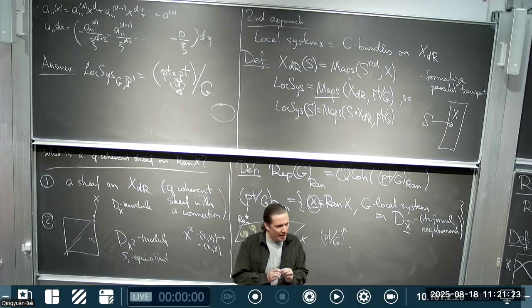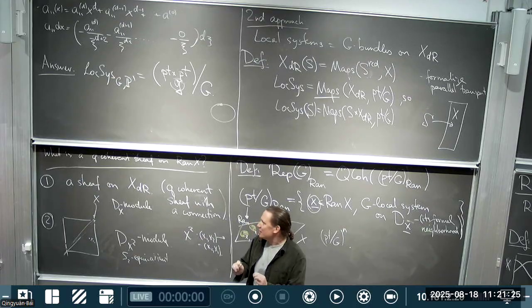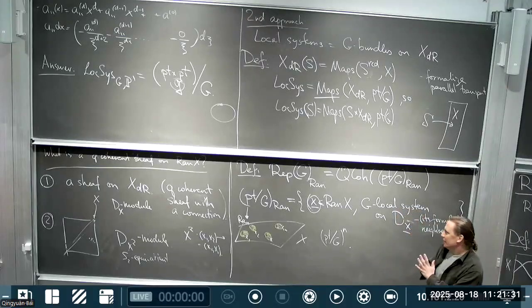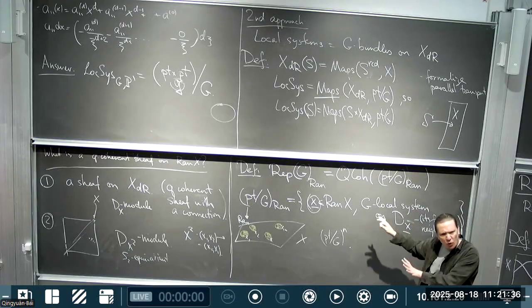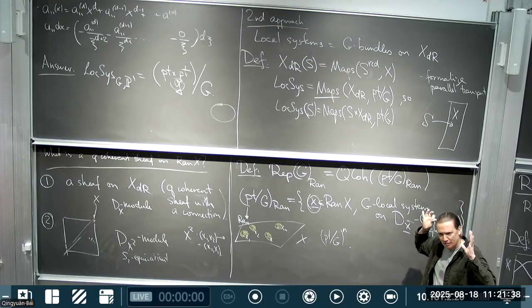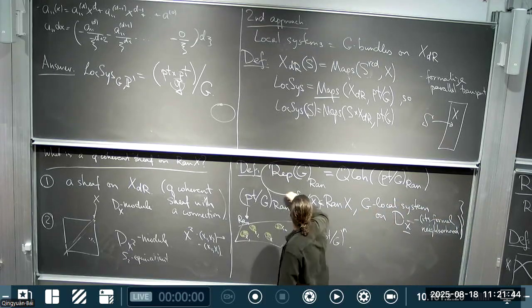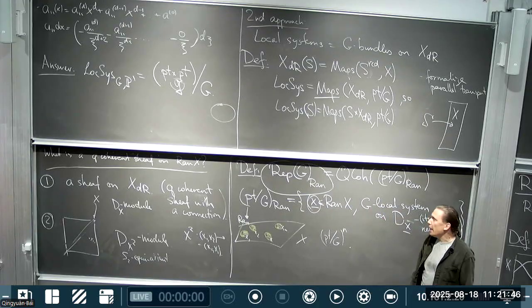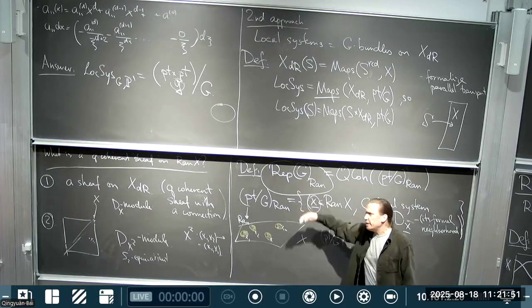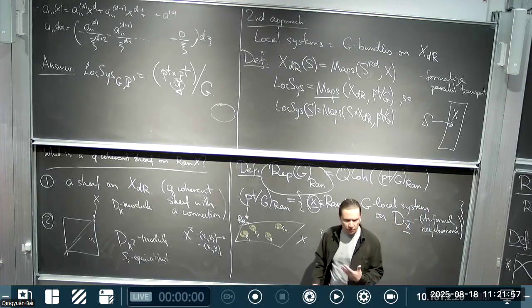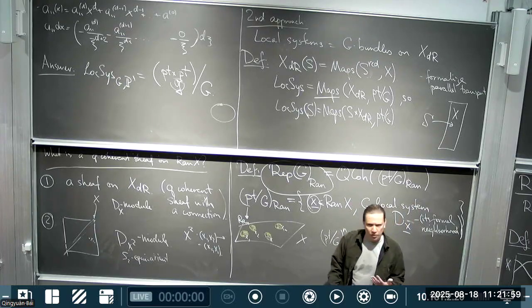Okay, let me maybe just make one more sentence. I sort of explained why this thing appears, but I can also make this more precise. The reason why this category appears here is because objects here naturally make sense as tautological sheaves on the stack of local systems.